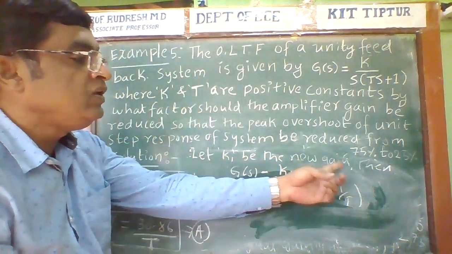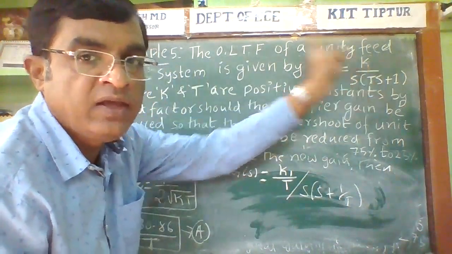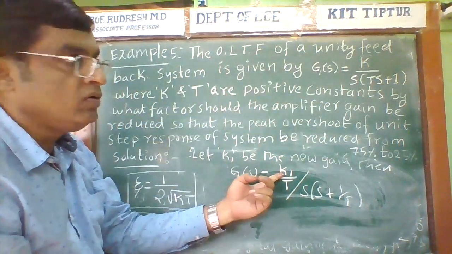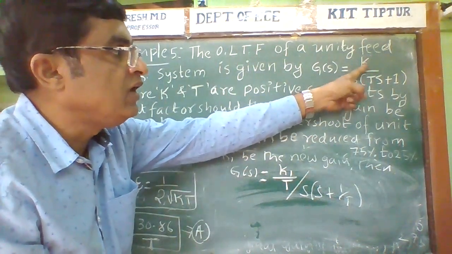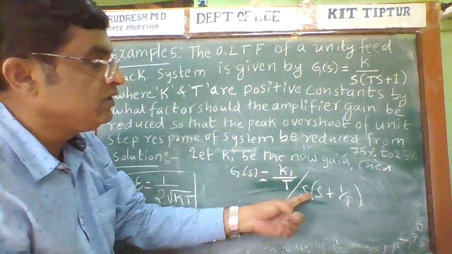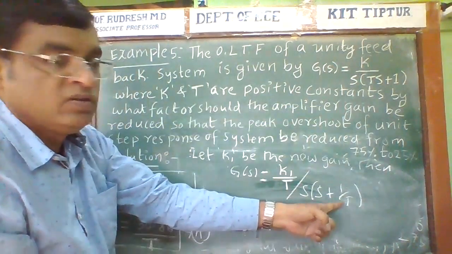Let K1 be the new gain. Then instead of K, we need to replace K1. But I have taken this T outside.